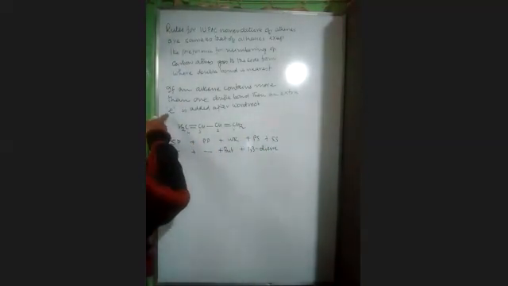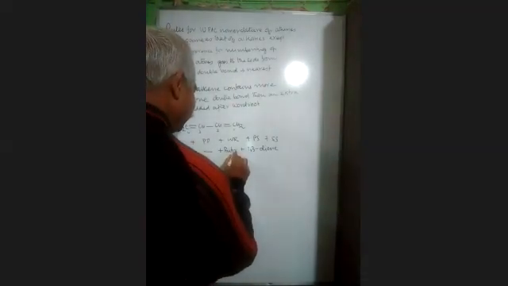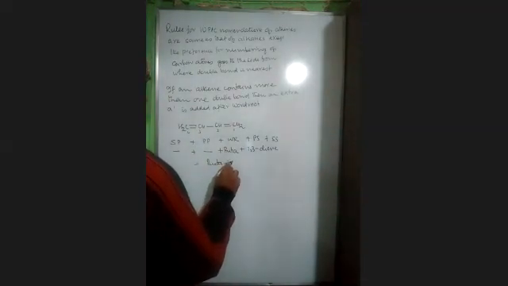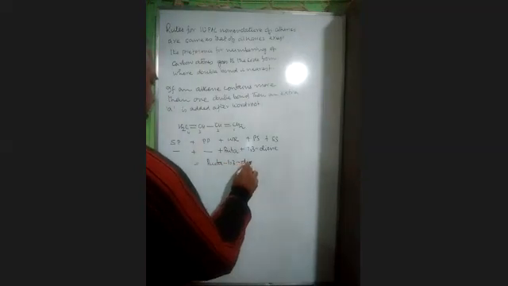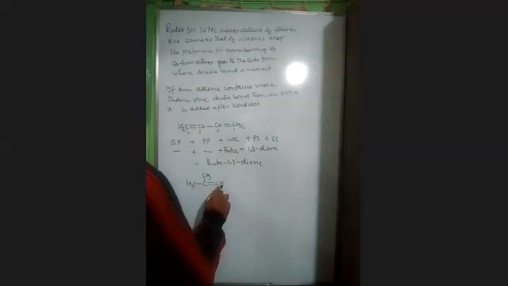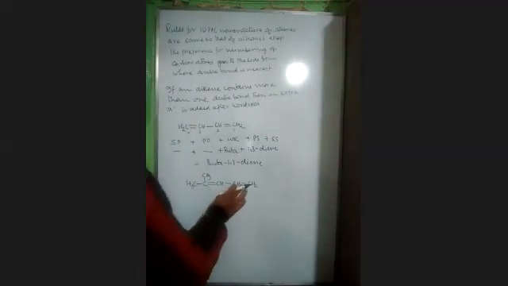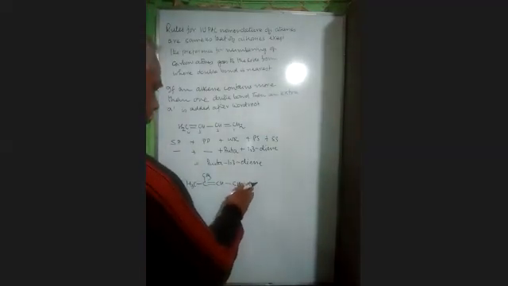But as per rule, what you have to do? I have to add an extra A. So we call it buta. So the name will be buta-1,3-diene.